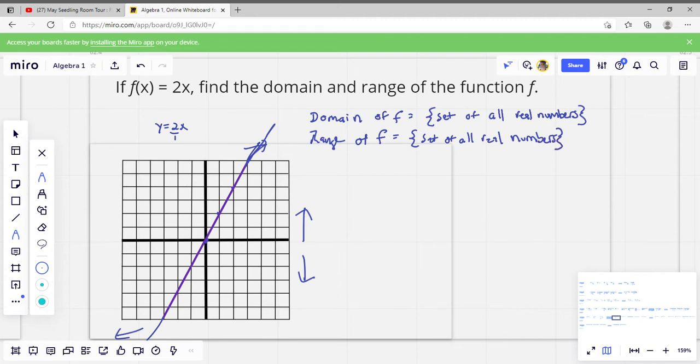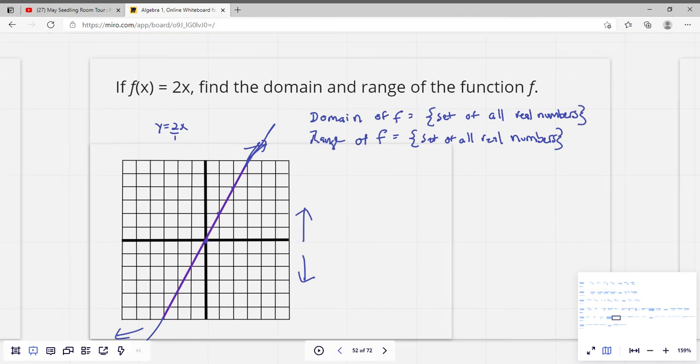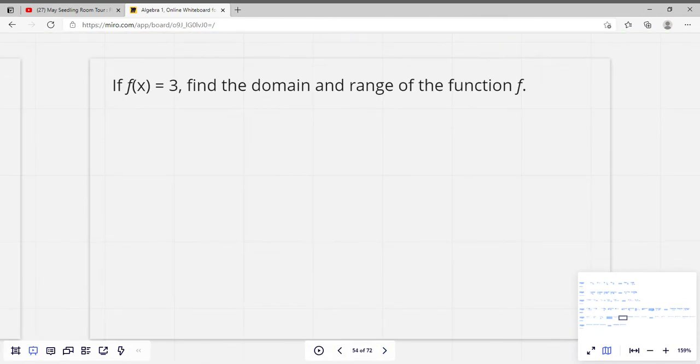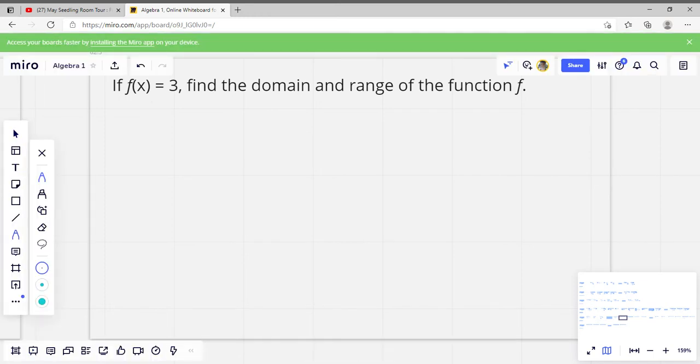So just the same as the domain. All right, if f of x equals 3, find the domain and the range. It can be applied to any real number, so we could put anything into x. So the domain is the set of all real numbers.